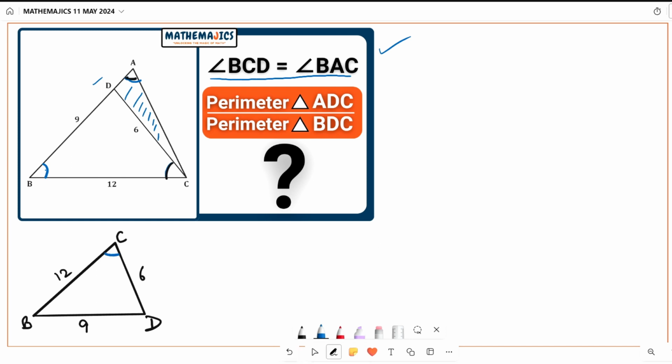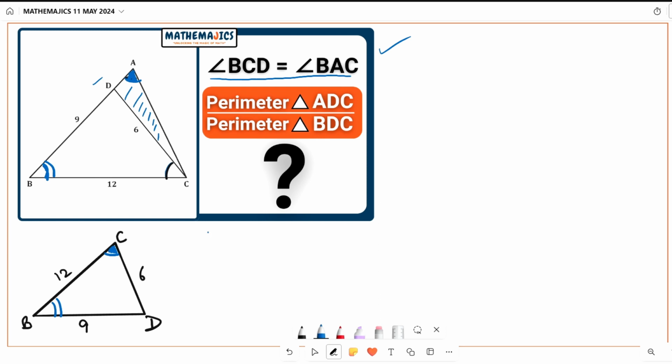See, angle C is equal to angle A. This angle in the top figure, yes, these two angles are equal to each other. This is given. Now we can see angle B is here as well and angle B is here as well. So one more angle is equal in these two triangles. Now what can I say?